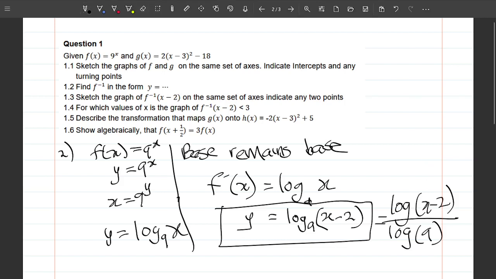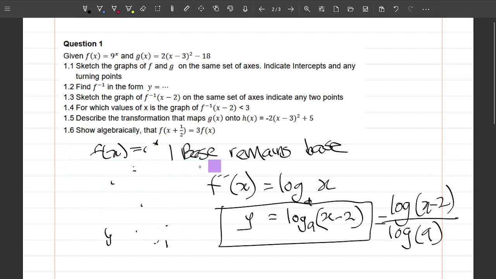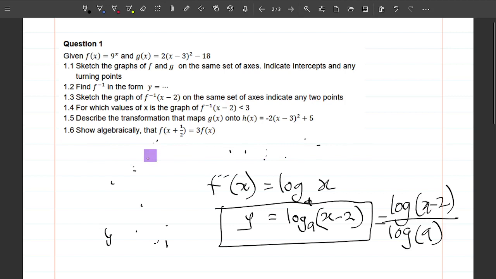So I'm going to grab the eraser and just get rid of all this gunk. I'm going to leave the equation. Okay, so they're saying for which values of x will the inverse of x minus 2 be less than 3.